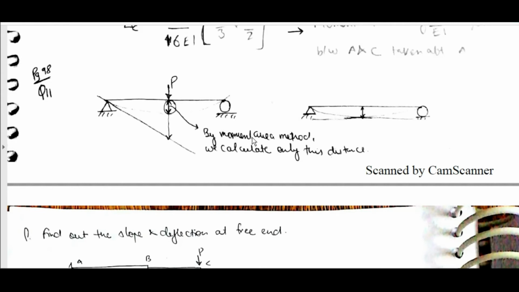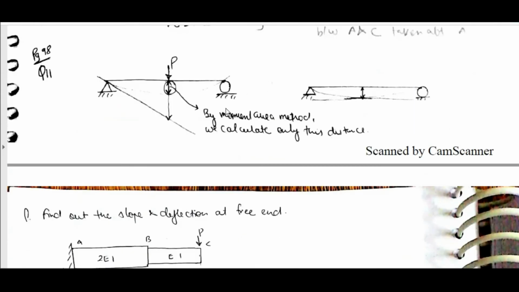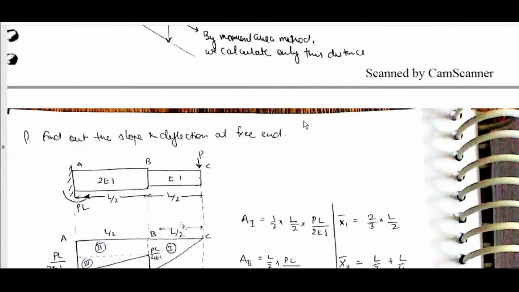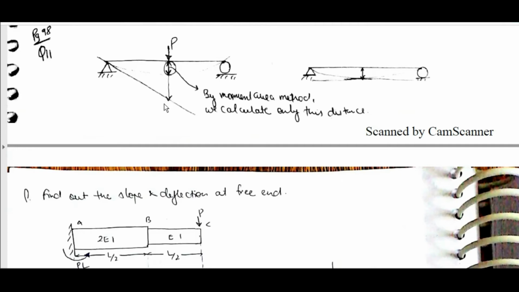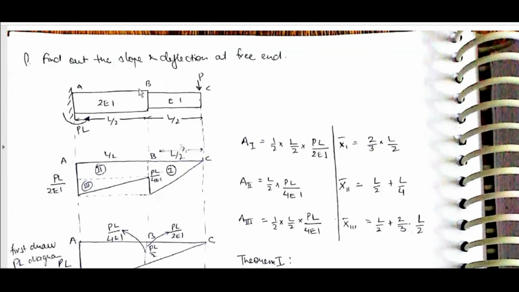By the moment area method, we have to calculate only this distance. Now slope and deflection at free end.